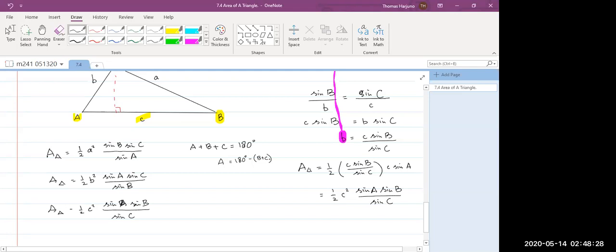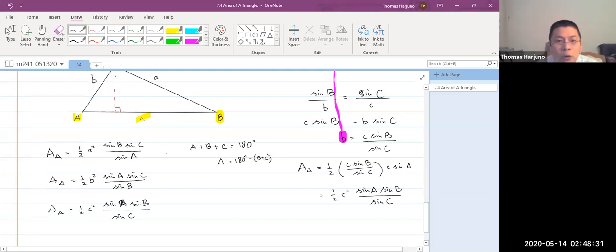Now what I want you to realize is that this is actually the transformation we have from quadrant 2 to quadrant 1. When it comes to sine, they are actually the same. Sine A equals sine of 180 degrees minus B plus C. At the same time, we know sine of 180 minus blah is sine blah.